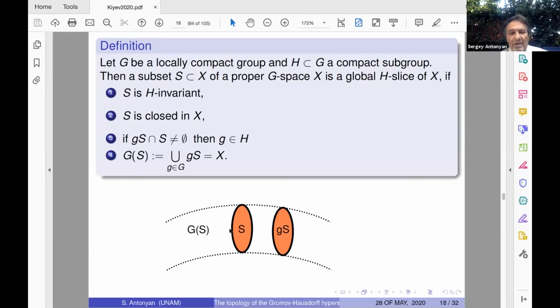S is H-invariant, which means a smaller group is acting on S. S is closed in the whole space. Two translations of S are disjoint, otherwise G should be an element of H, in which case GS just coincides with S. And the saturation of S is the whole space.